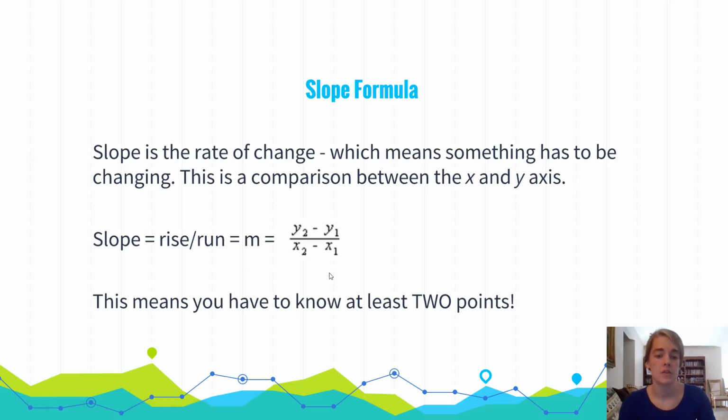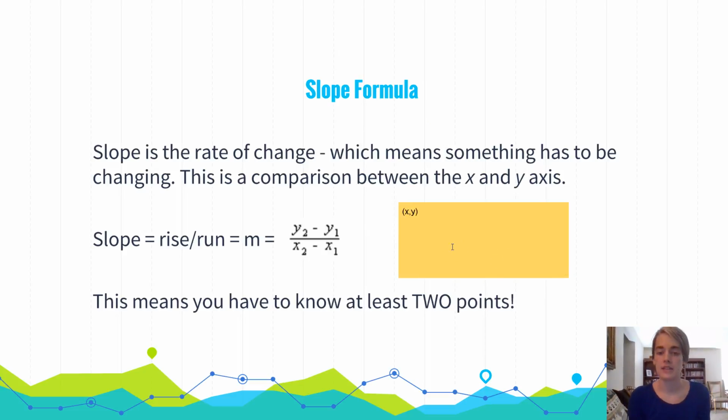And the formula next to it, y2 minus y1 over x2 minus x1, that's taking the 2 points that you get on a graph and subtracting them from each other. So the y values get subtracted, the x values get subtracted. So in something like this, you have an x and a y value, and then let me relabel this.